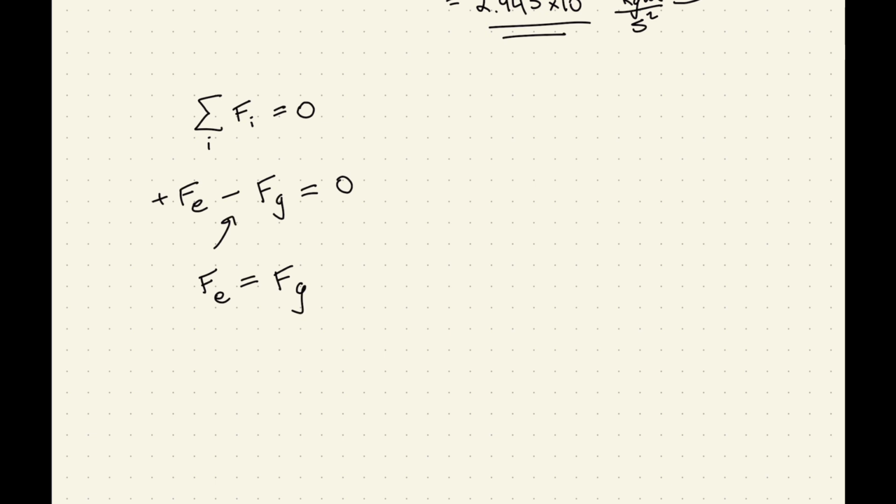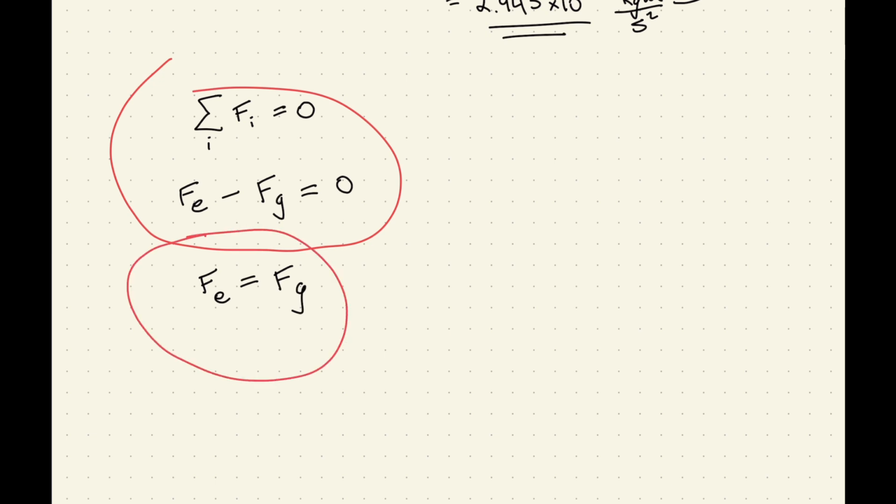If you add Fg on both sides, plus Fg, then here we have Fg cancels with this Fg. On this side we have plus Fg, and you get this equation here. Both ways work, and it depends which way you want to do it. Either you could do it this way here, sum of all forces equals 0, or you could do it this way here.